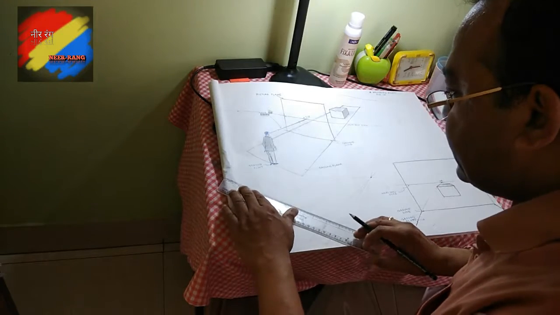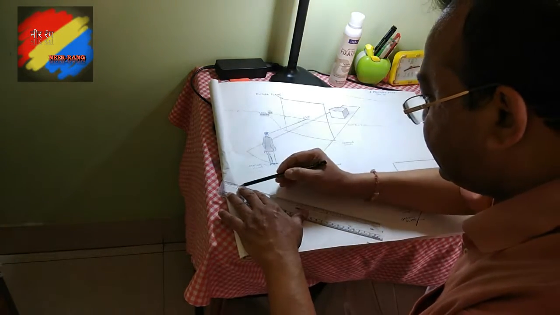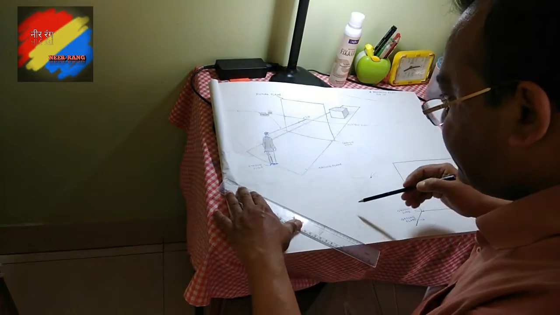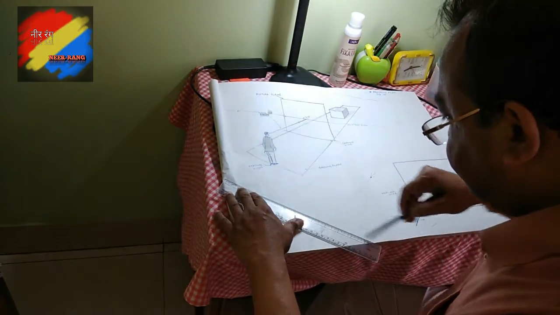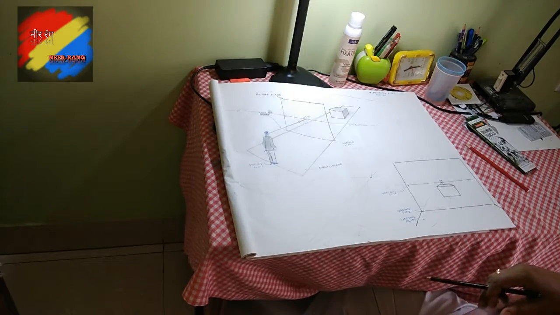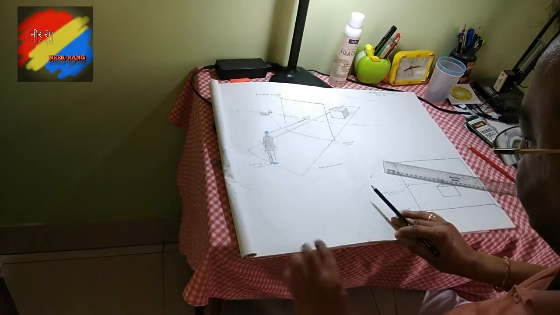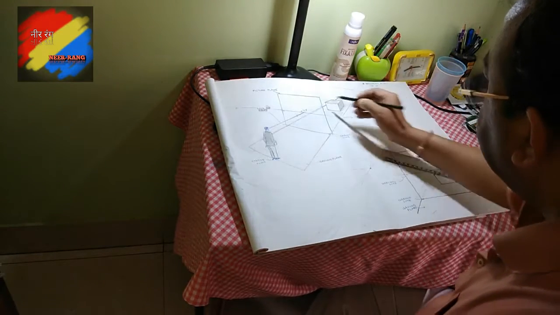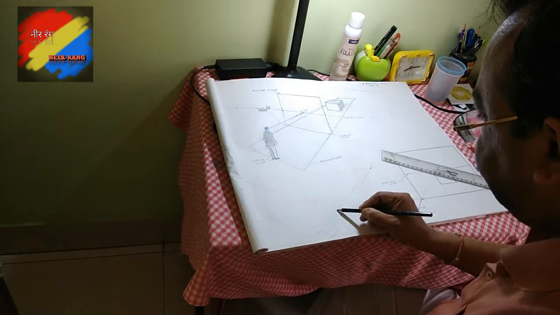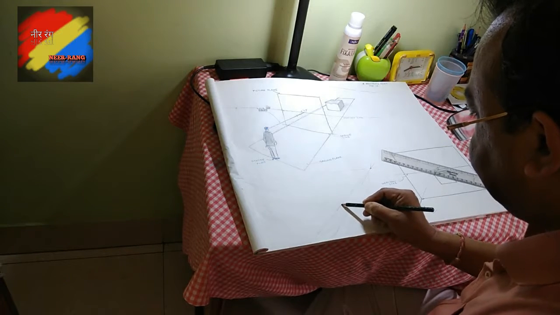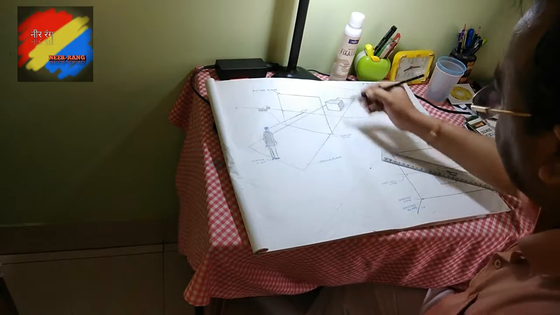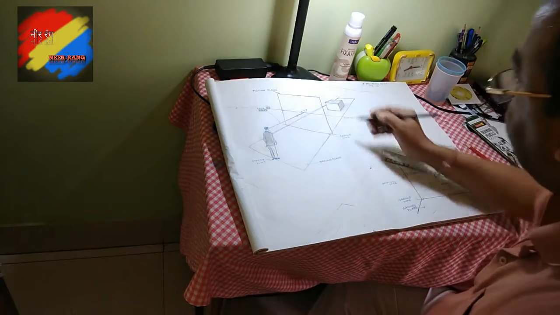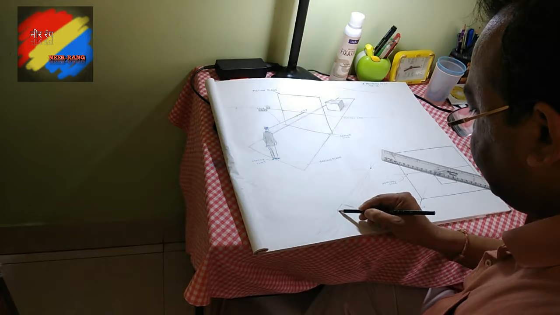From here also you will get some lines. So what happens is that I will take one point here. This point, suppose, is this. Like this. And this will therefore be this way. And again, this way.